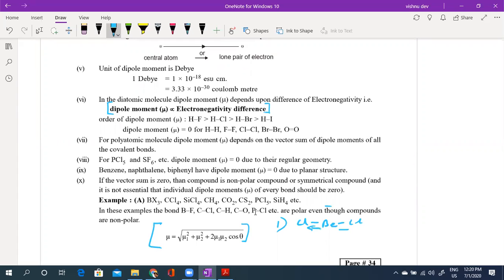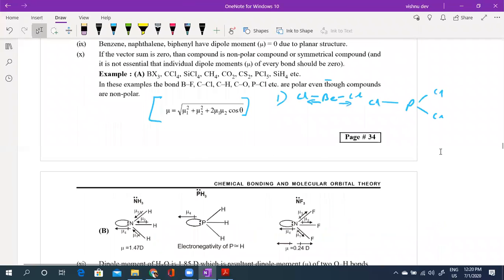Or PCl3, since all the three bonds are same, they will cancel each other. So sp, sp2, sp3, if we have symmetrical molecules, the dipole moment would be 0.